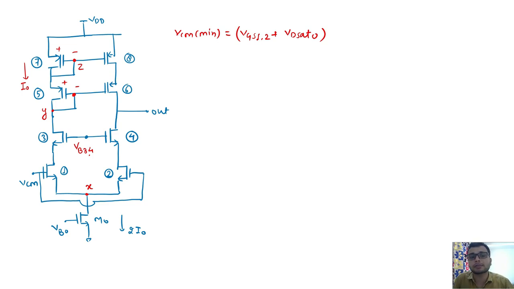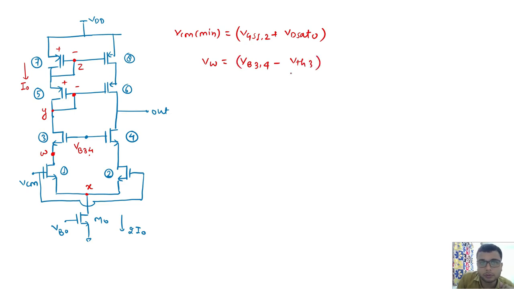Now for the maximum, in this case we have to be concerned about this node. Let's call this node W. So what is the value of W? VW is nothing but VB3,4, which is the external voltage, minus VTH of 3.